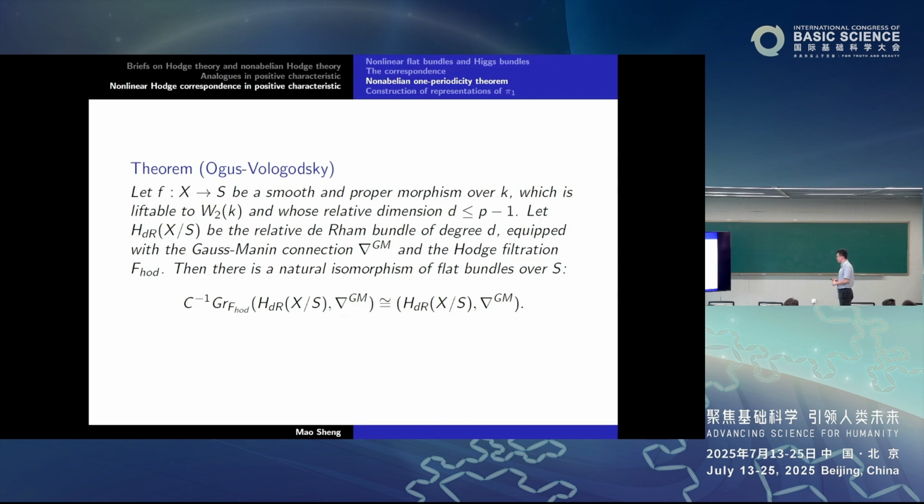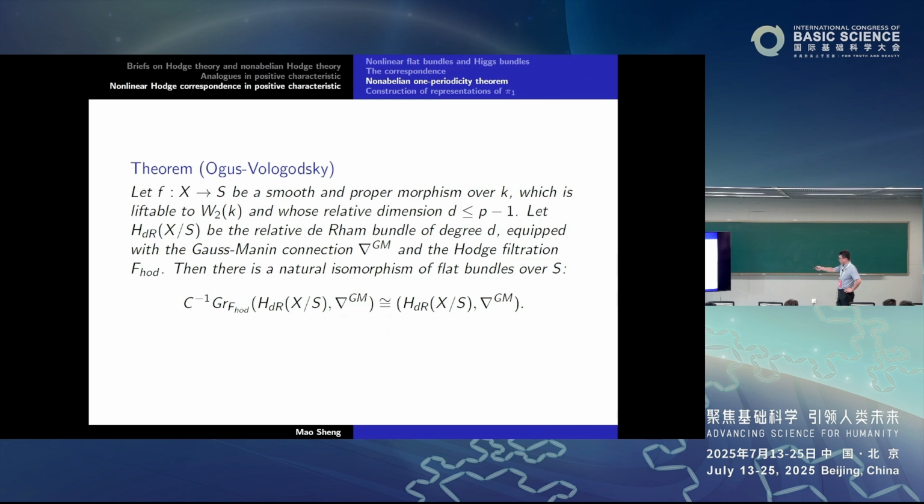And then there is a canonical and natural isomorphism of flat bundles on S. The meaning of it is that you can reconstruct this flat bundle, this relative de Rham bundle, using the graded Higgs bundle. So you take the flat bundle, you take the grading with respect to the Hodge filtration.